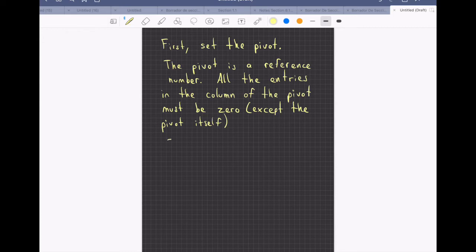And the pivot is also used to clear numbers. I mean, turn them into 0.